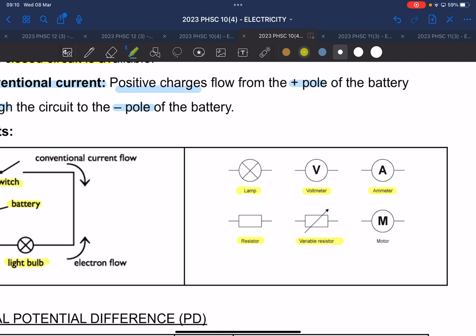So anything that changes how high or low, bright or soft, or if we have this fan, how hard it must blow, is called a variable resistor. So we can change the strength or the magnitude of the resistor.